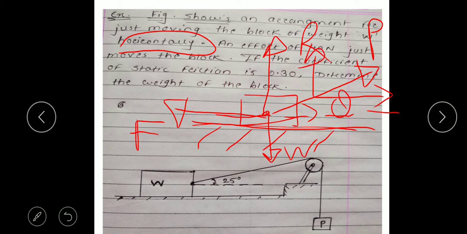Horizontal is related to cos, and vertical is related to sine. So P cos theta, and vertical means P sin theta, correct? This is the real way to solve. So this numerical is related to type A, second case.